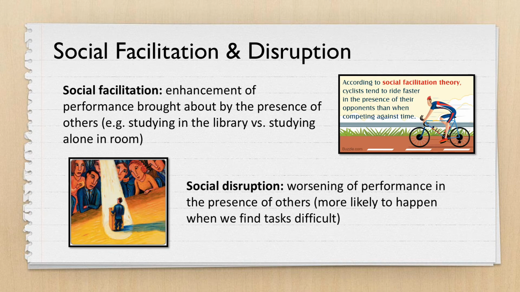When the task is difficult, the presence of others can actually hurt our performance. So, for instance, for some people it might be public speaking. For others, it might be juggling. And this effect, where we choke in the presence of other people, is called social disruption.